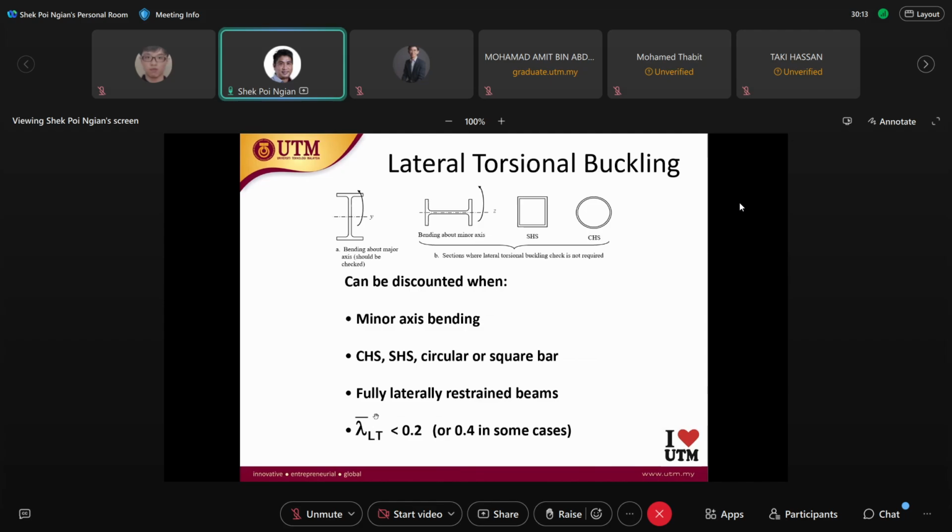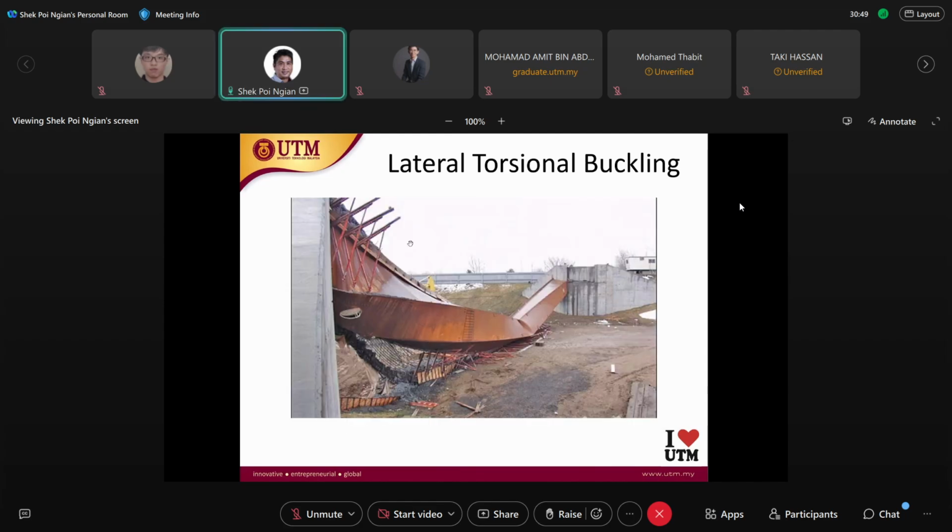So when this value is less than 0.2, or 0.4 in some cases, then your beam is non-slender. When non-slender, you don't have to check for lateral torsional buckling. Okay. This is another failure due to lateral torsional buckling.